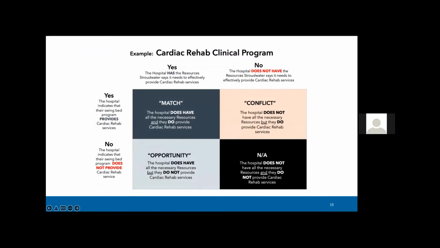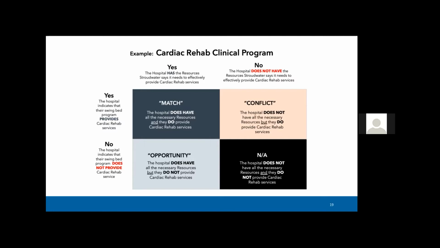And then the third thing is, okay, we work with our interdisciplinary team. First thing, we understand our market and the needs of our market. And then the third thing is, and I'm going to switch gears a little bit, and we're going to go to the swing bed directory portal, but is to really leverage the swing bed directory.